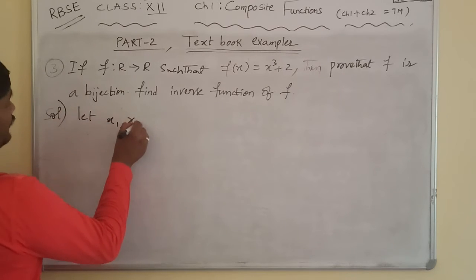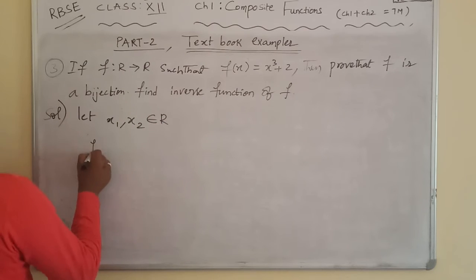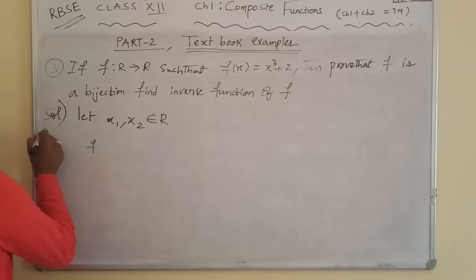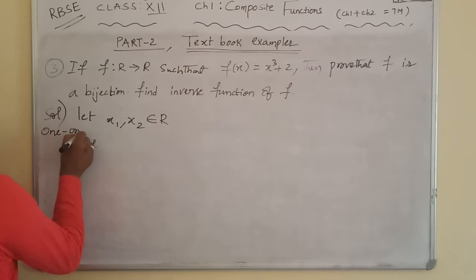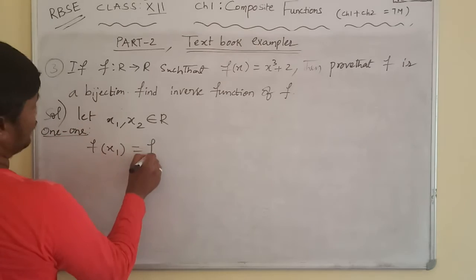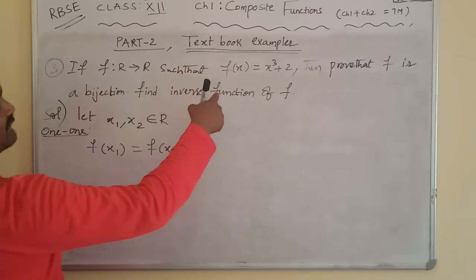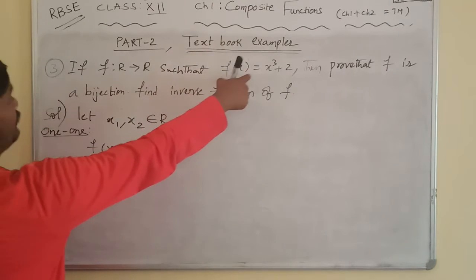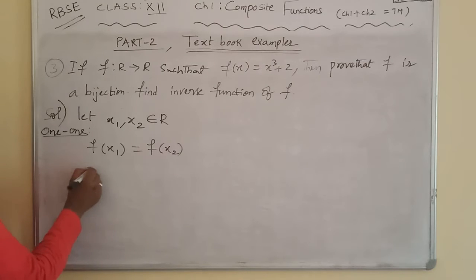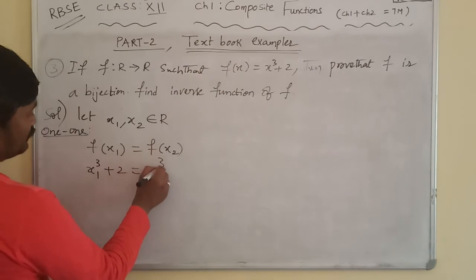So first, let x1, x2 belong to R. To find 1 to 1, f of x1 is equal to f of x2. What is f of x1? Wherever x is there, substitute x1. Since f of x is x cube plus 2, f of x1 is x1 cube plus 2, and here also x2 cube plus 2.